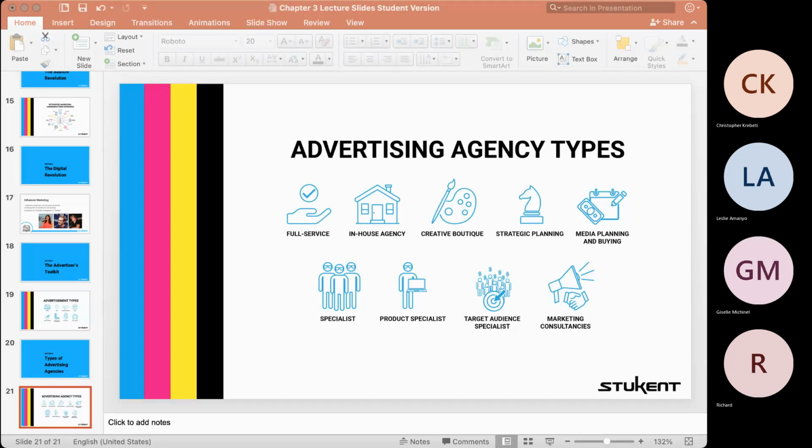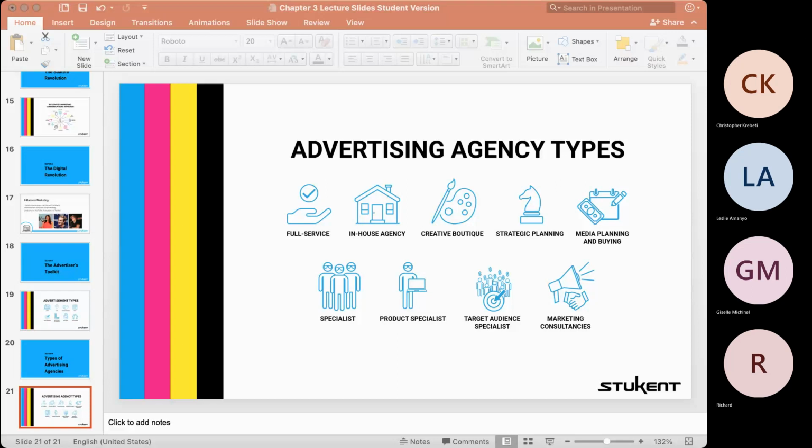Let me give you an example here. So full service advertising agency, example is Wieden and Kennedy. I've given you their link.